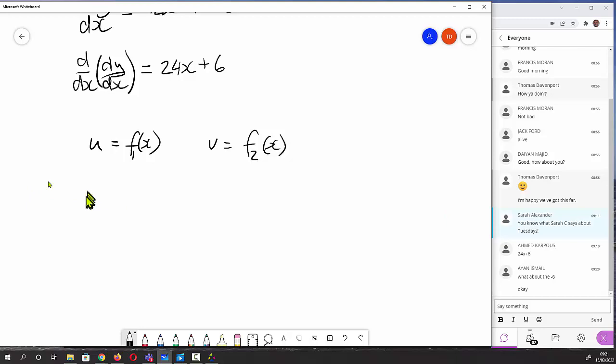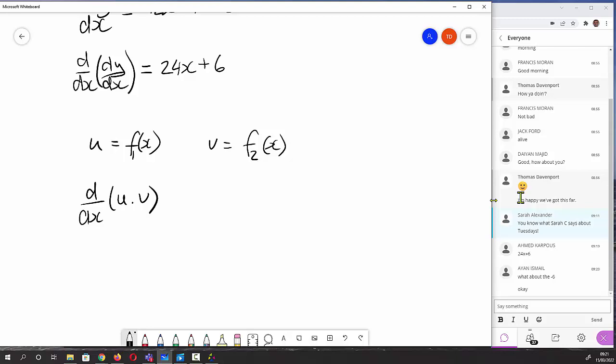Okay, now if I would like to differentiate d by dx of u times v, what this means is it could be one function of x, like e to the x or something like that, and the other function could be sine x. So you could have something like e to the x sine x, or x plus 3 brackets sine x.